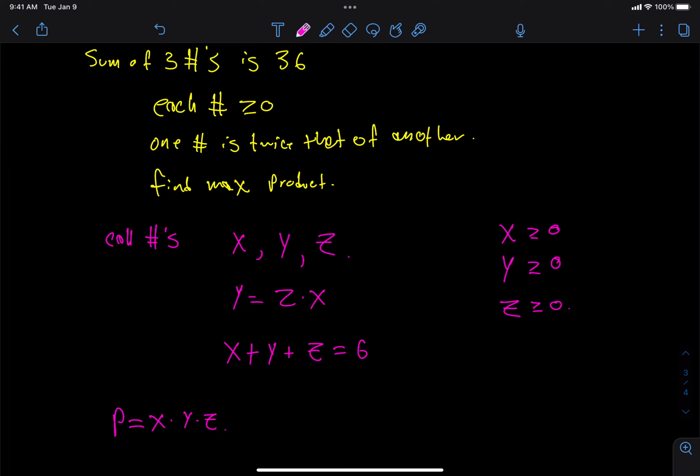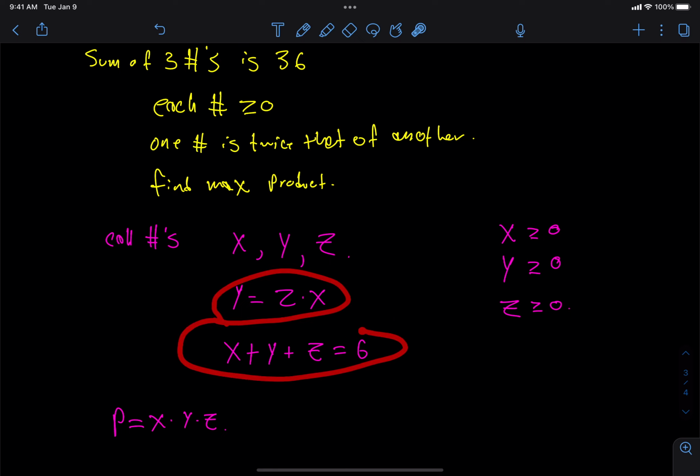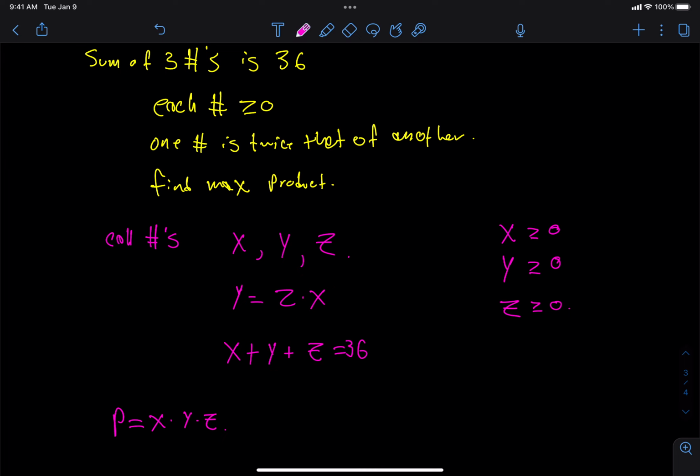So to do that, I'm happy that I already know what y is in terms of x. I can just replace y by 2x, right? And if I use the fact that y is 2x and the fact that x plus y plus z is equal to 36, then I can find out what z is in terms of x. I replace y in this equation by 2x, and I get x plus 2x plus z is equal to 36.